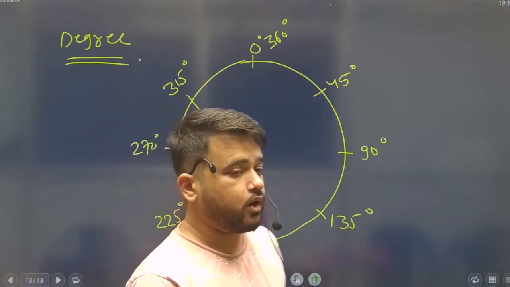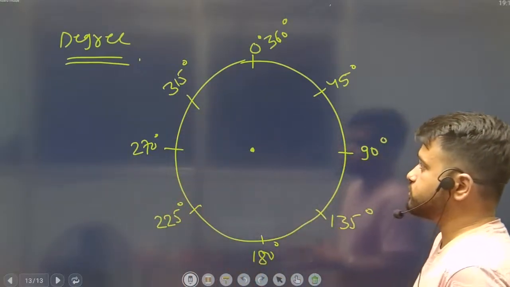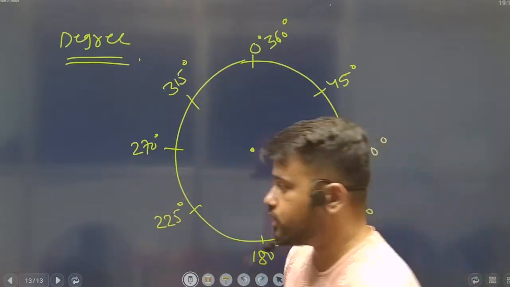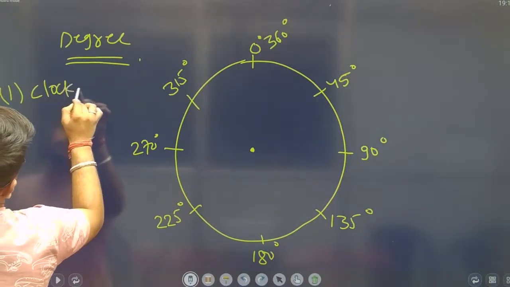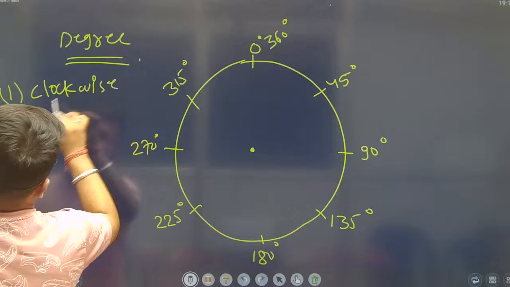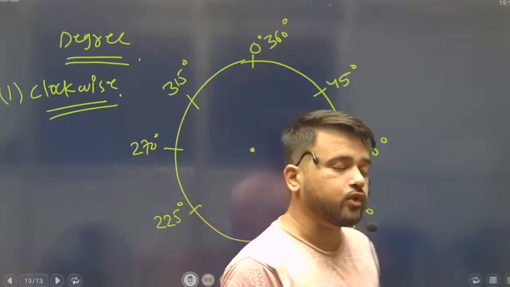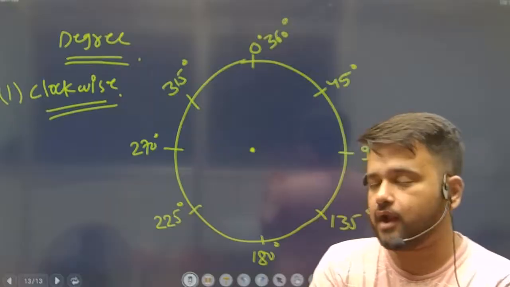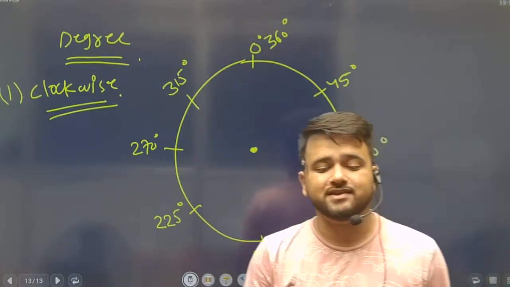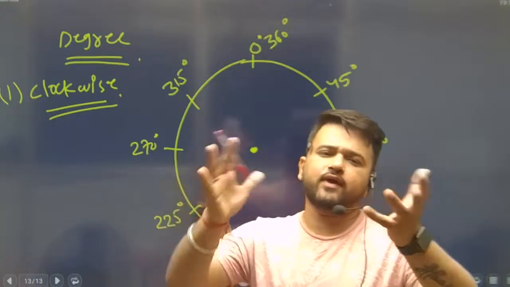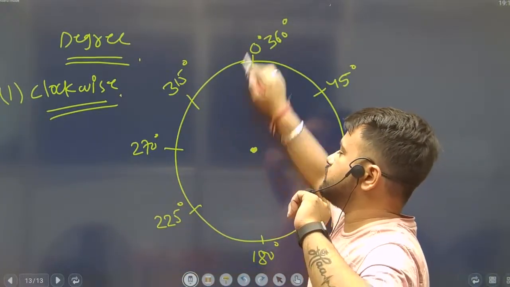Now let's suppose the first degree program we are discussing is the clockwise one. What is the meaning of clockwise program here? It means that, let's suppose you are in the center, and the examiner says a person is in the north side.